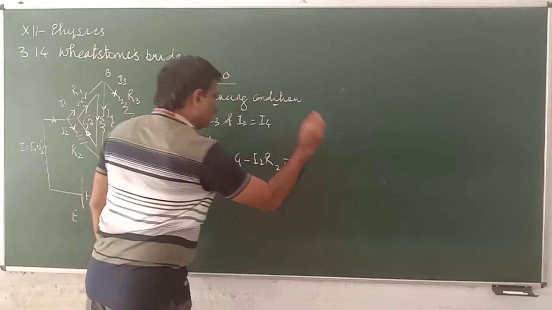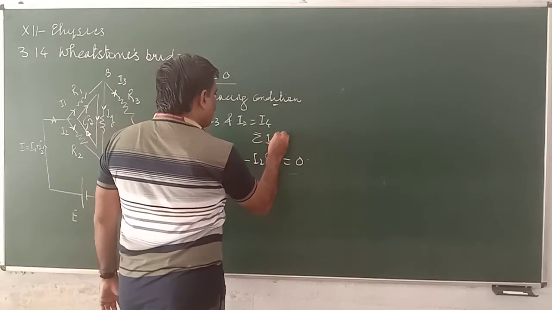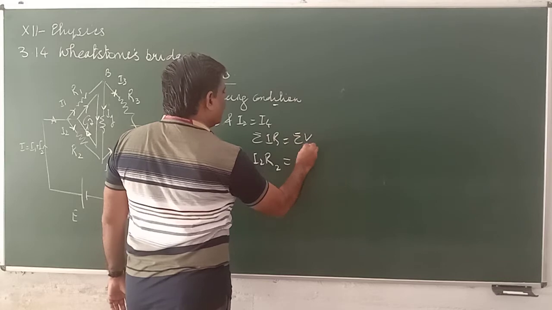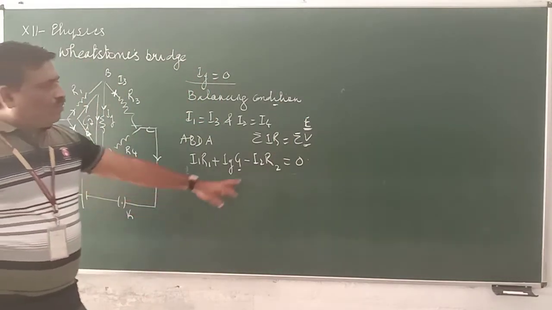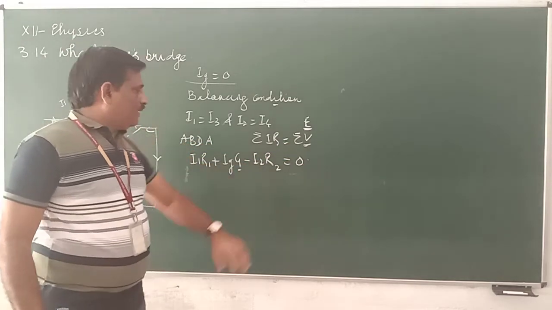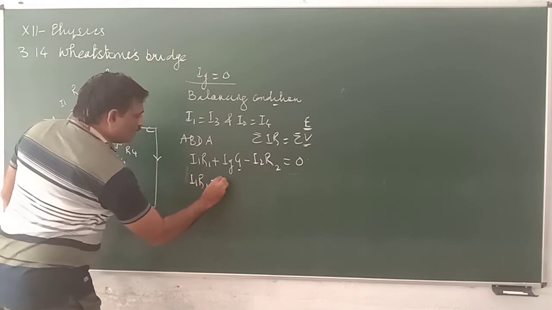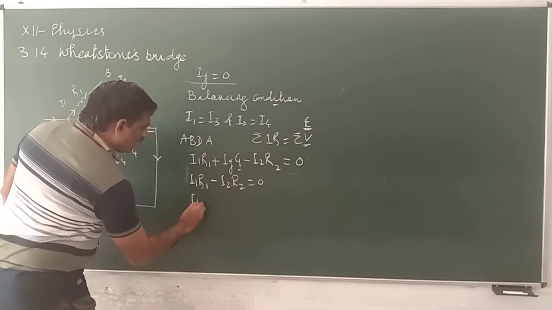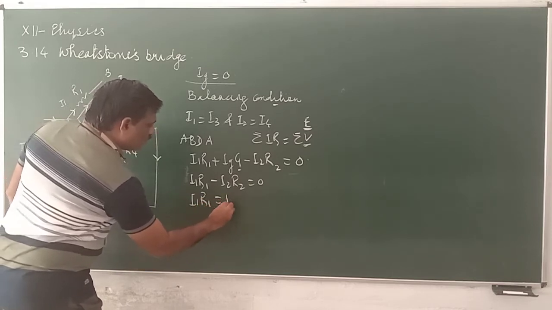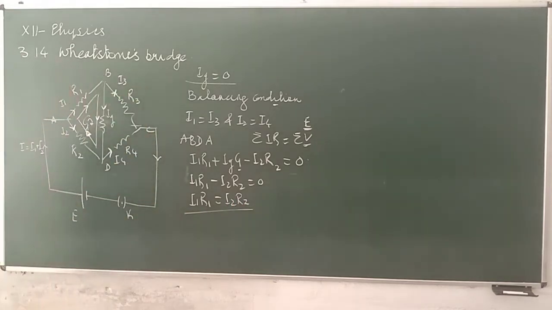Therefore, this side becomes 0. Kirchhoff's law is very simple: summation of IR is equal to summation of EMF. Since Ig is equal to 0, it becomes I1 R1 minus I2 R2 is equal to 0, or I1 R1 is equal to I2 R2.